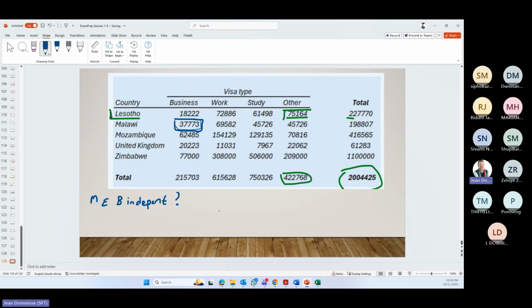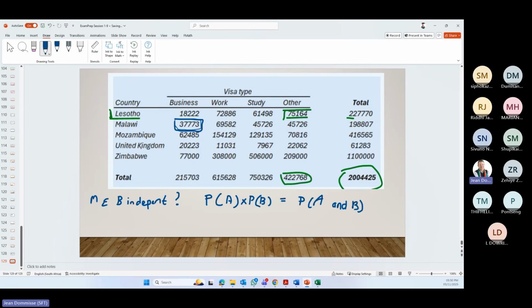Remember, to show independence, you need to show that the probability of A times the probability of B is equal to the probability of A and B. That is what you need to prove.